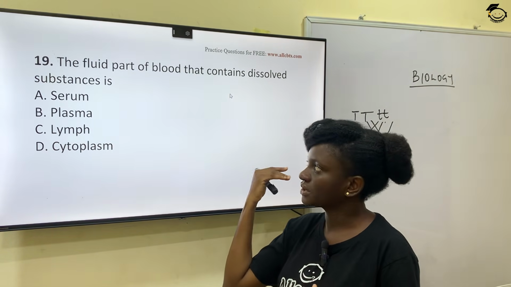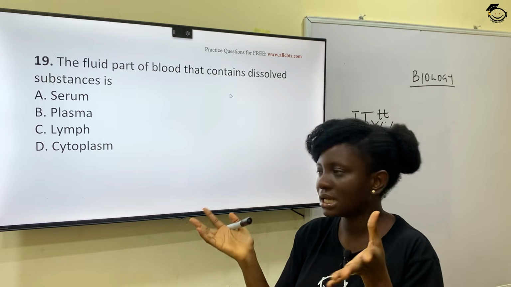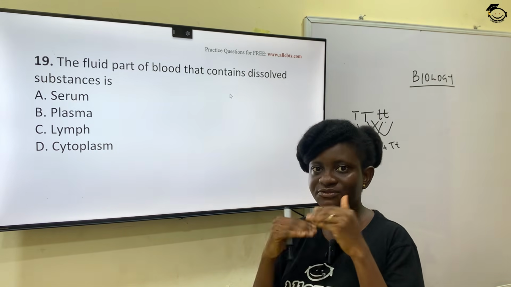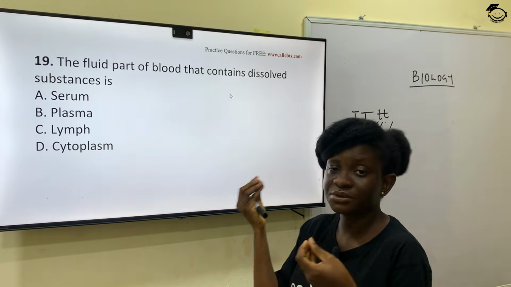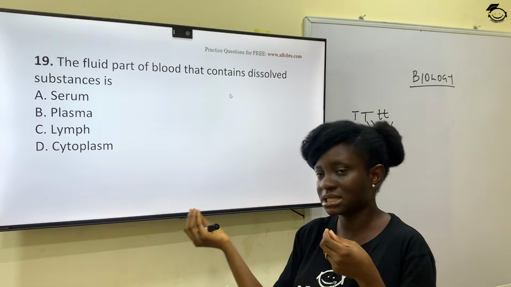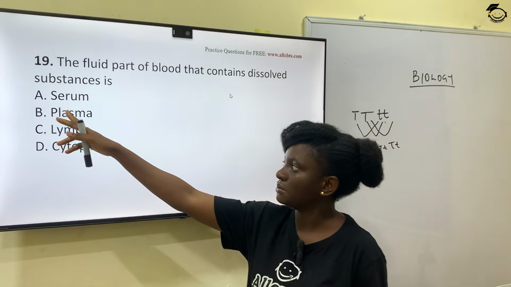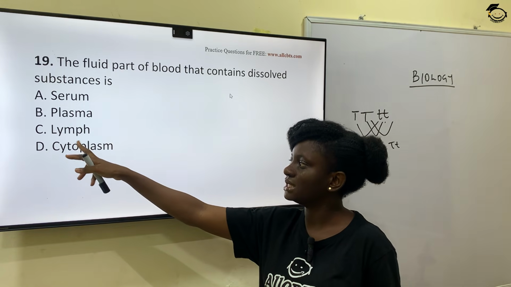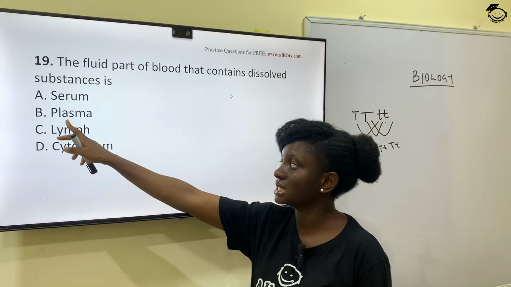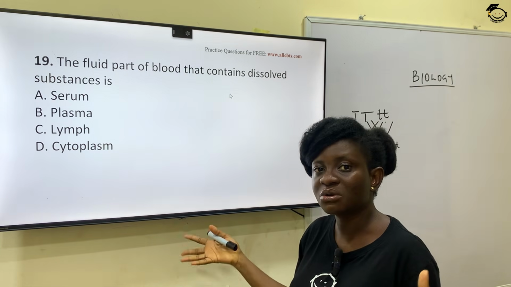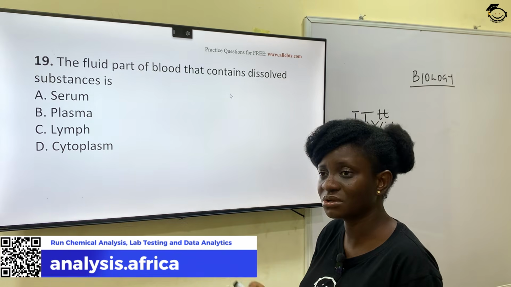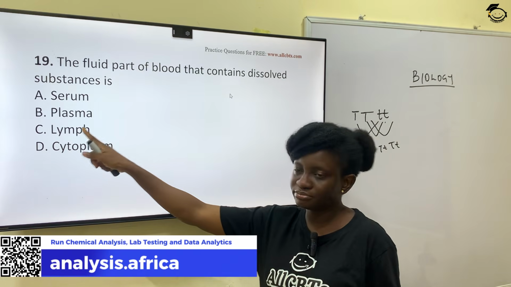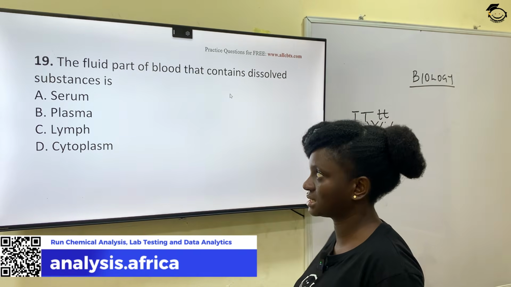The one that is clear and different from the blood cells, and contains dissolved substances, is it serum, plasma, nerve, or cytoplasm? So the correct answer is plasma. Plasma contains a whole lot of dissolved substances, hormones, a lot. So plasma is the correct answer.